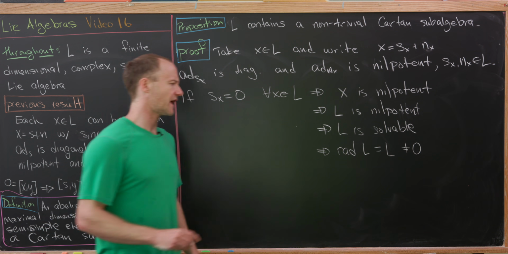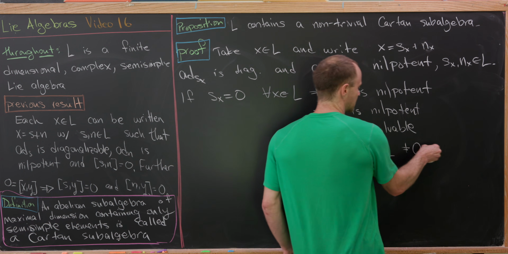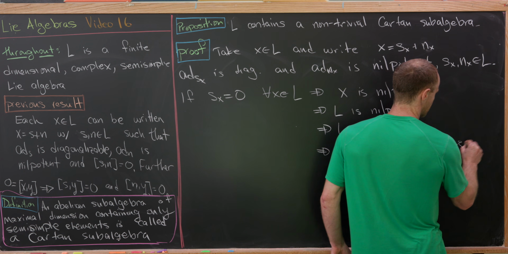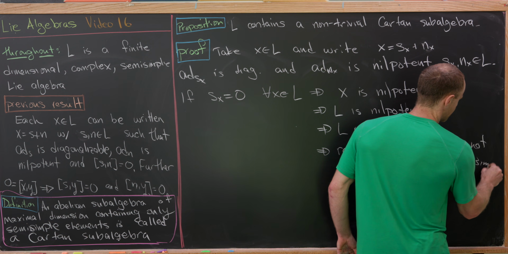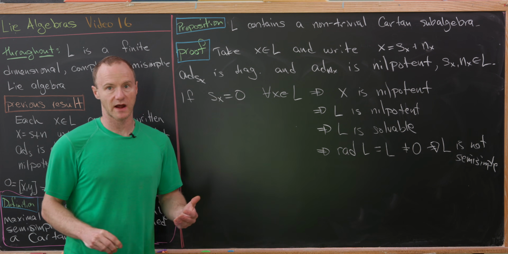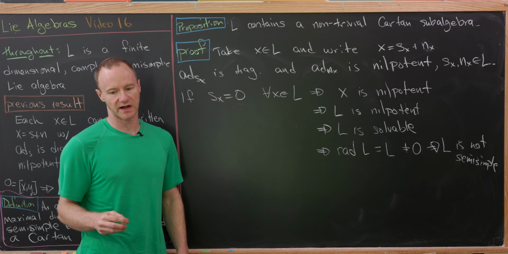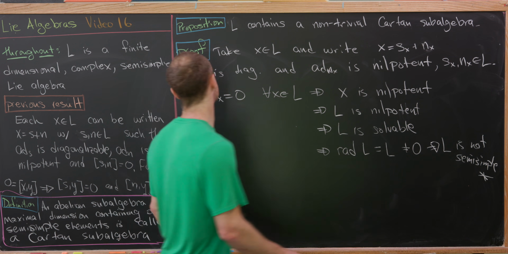But then recall that if the radical is non-zero, then that means that L is not semi-simple. And that's because, what's the definition of semi-simple? It means that you have a zero radical. You have no solvable ideals. So that gives us our contradiction.